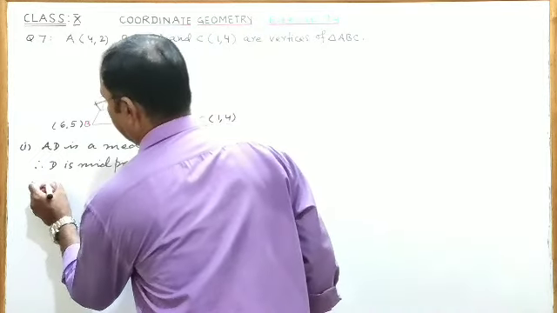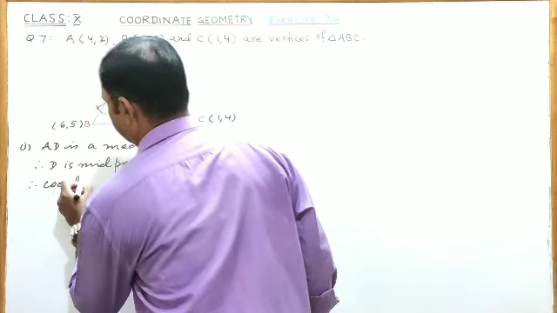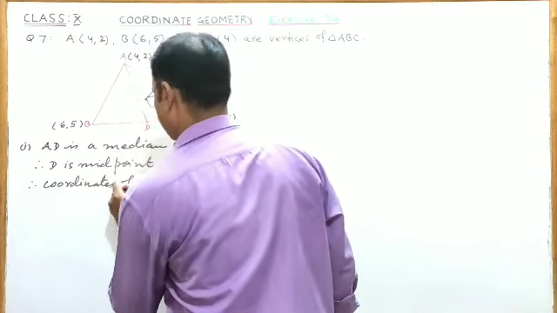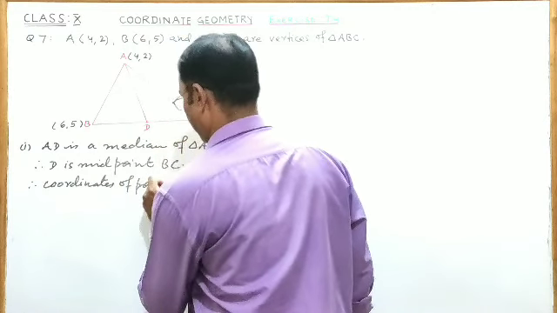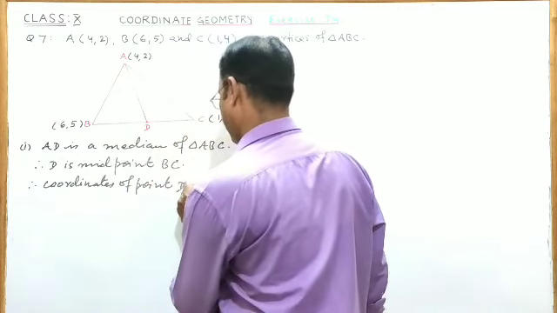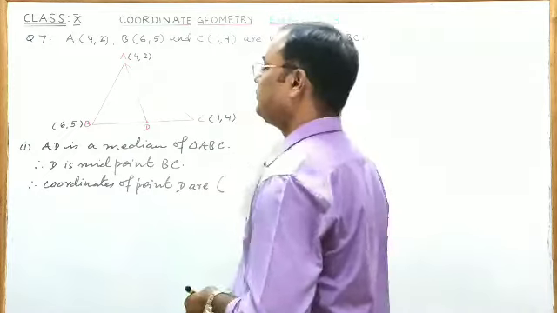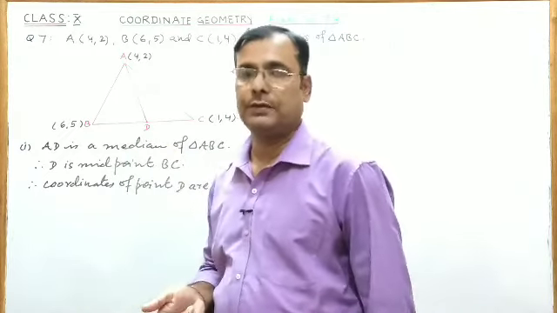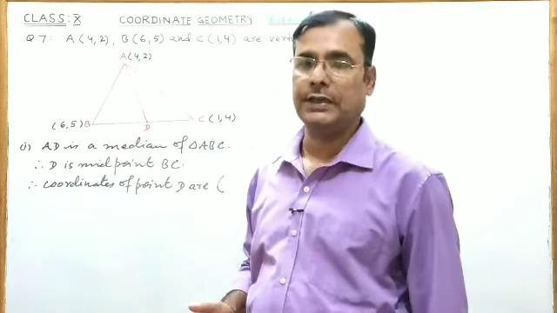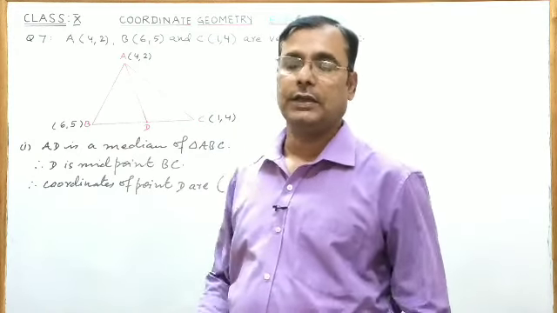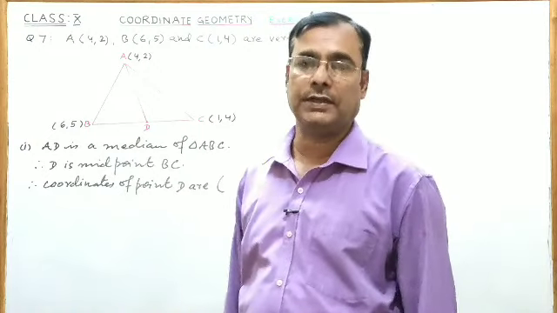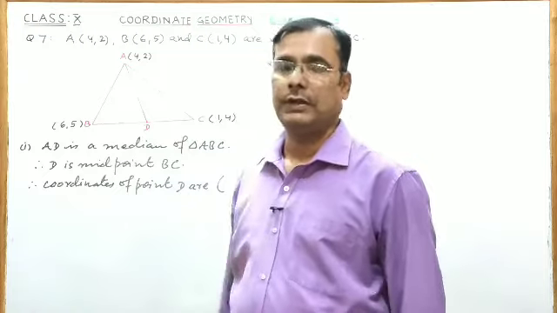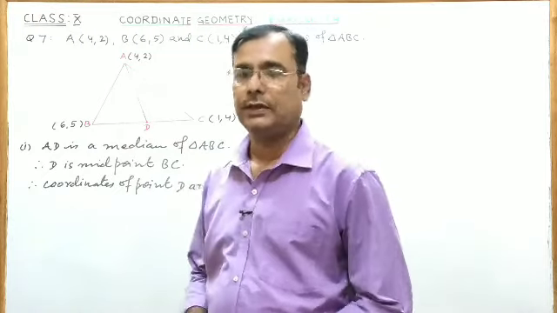Therefore, coordinates of point D are, D being midpoint of BC, we are going to use coordinates of midpoint of a line segment joining two given points (x1, y1), (x2, y2), and that formula is (x1 plus x2) by 2, (y1 plus y2) by 2.